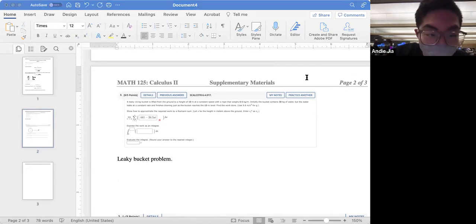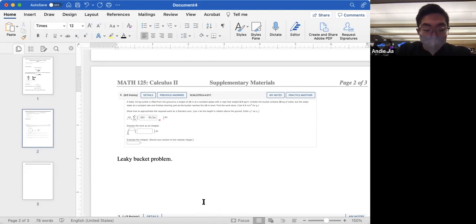If you have a leaky bucket problem, the first step is to list all the information provided.